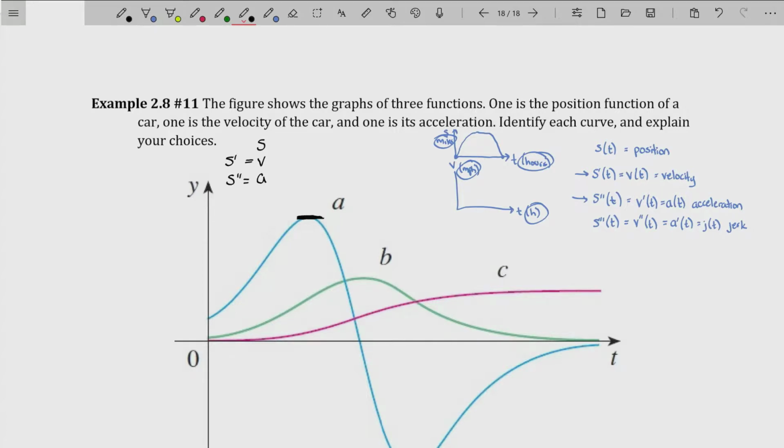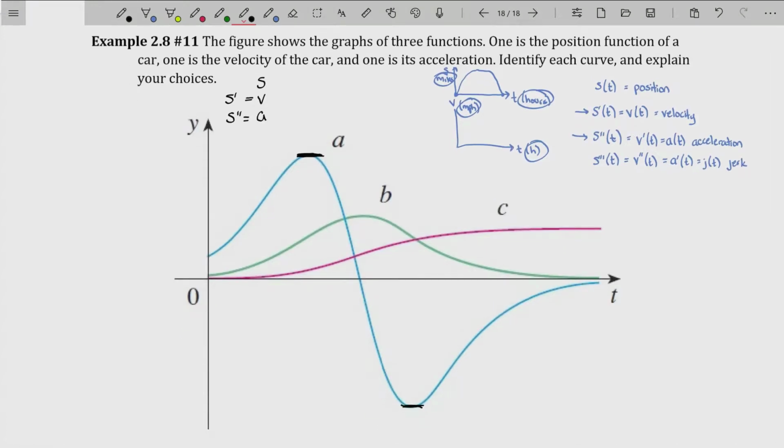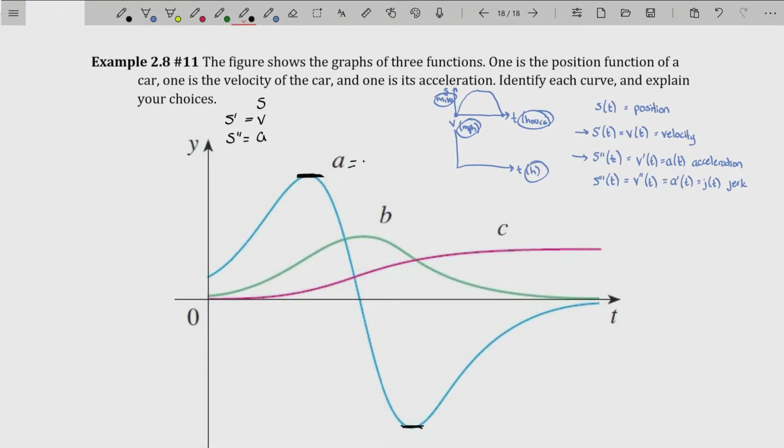The only one that doesn't have a derivative graphed is S double prime. It doesn't have its derivative, S triple prime, graphed. So A must represent the acceleration. I'm going to write that in there. That's one out of the way. Great. So now I can erase these. I'll move on to B.